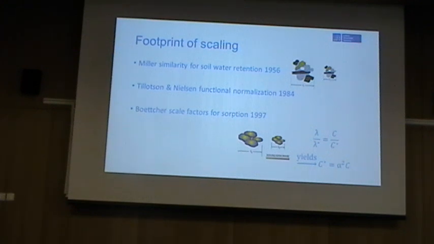The scale factors alpha are based on the assumption that between different systems, there is always a geometrically interpretable similarity, just like these figures, which differ only by different characteristic lengths. Their characteristic properties can be transformed from one into another. If our soil particle system also has this geometrically interpretable similarity, or sorption similarity, then the concentration of solution around the particle can be converted with scale factors into each other.